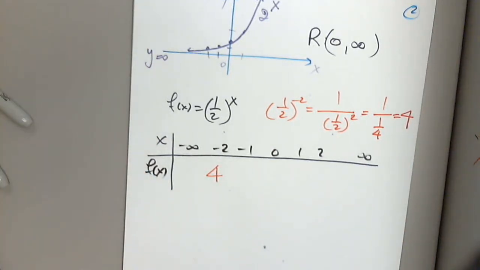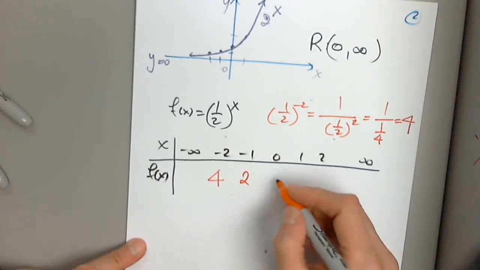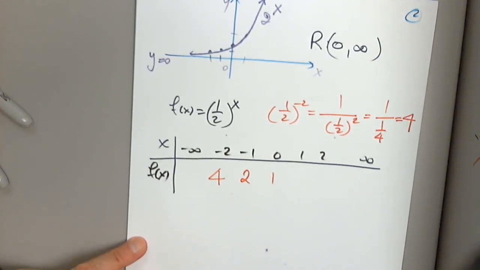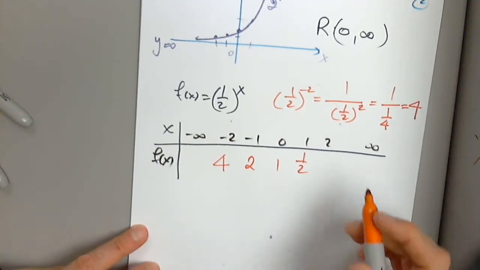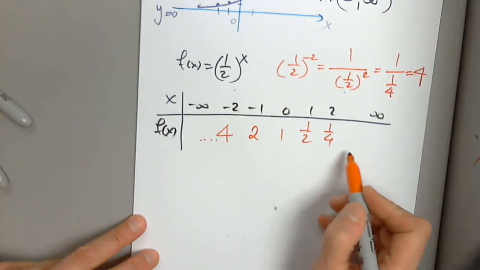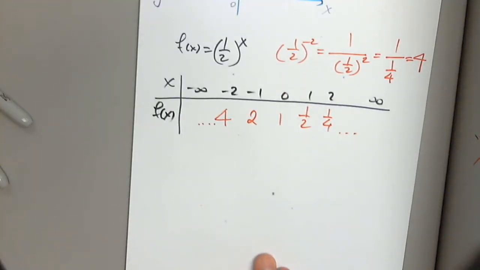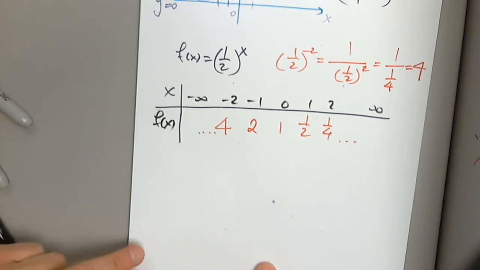What about -1? 2. Perfect. What about 0? 1. Excellent. What about 1? 1/2. What about 2? 1/4. Excellent. So again, we want to go this way, left and right.